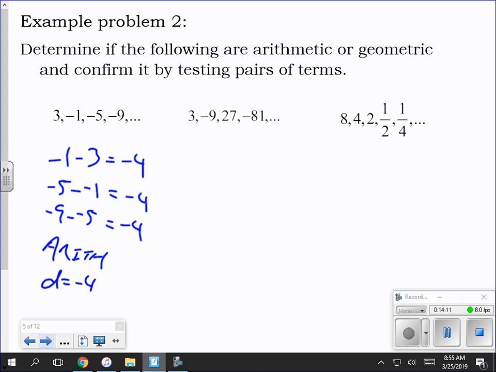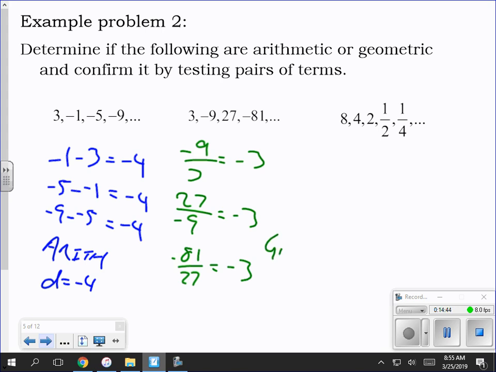Take a number, divide it by the one in front. -9 divided by 3 gives me -3. 27 divided by -9 gives me -3. And -81 divided by 27 gives me -3. If I divide each time and get the same number, that would be geometric, and my R is what I get when I divide. So this is geometric, and R is -3.